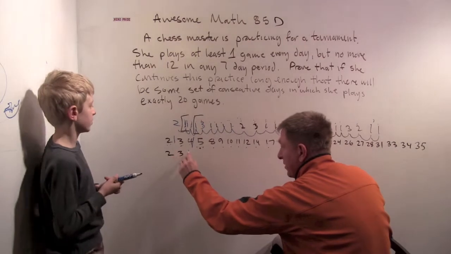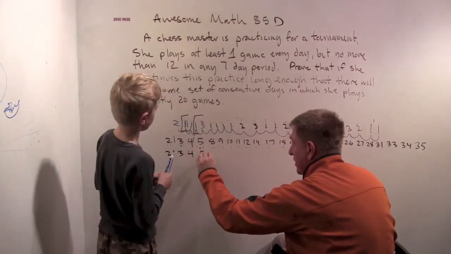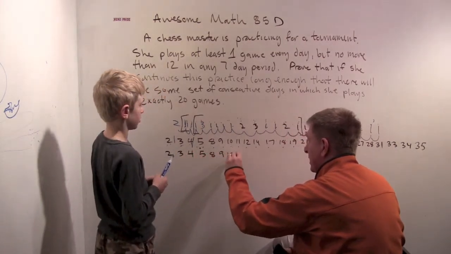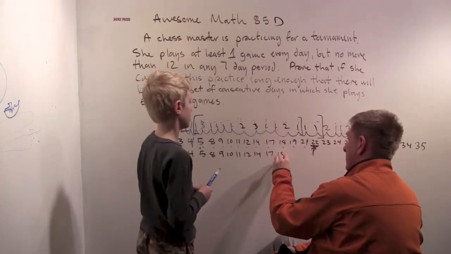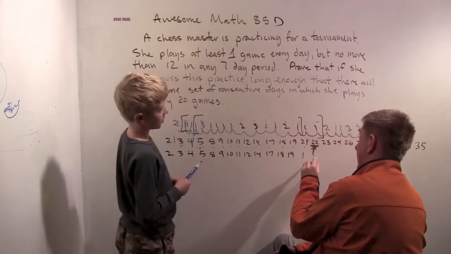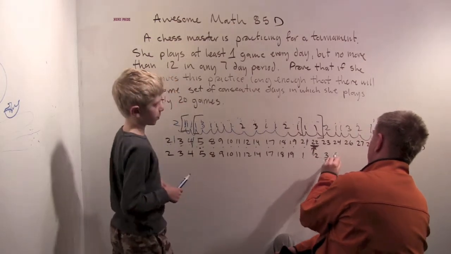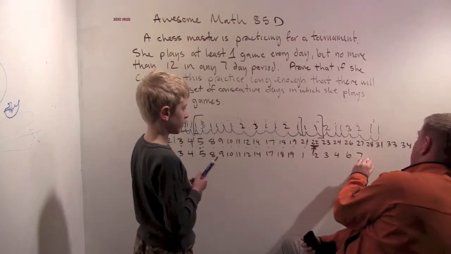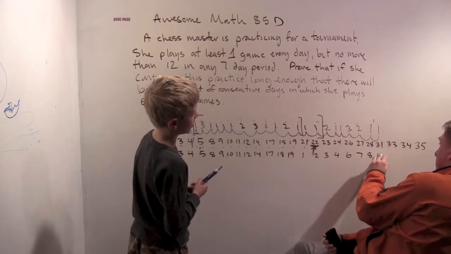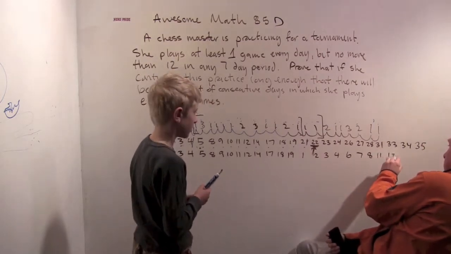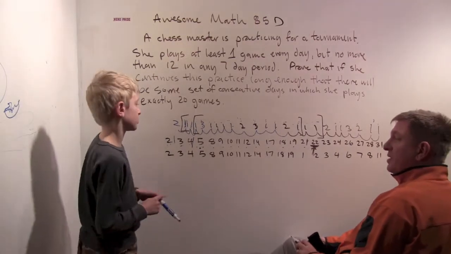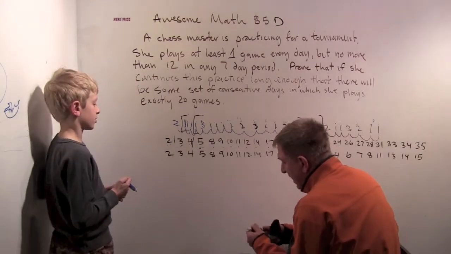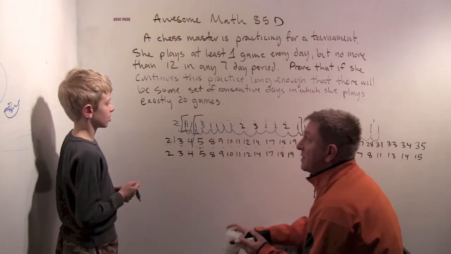2, 3, the same. 4, 5, 8, 9, 10, 11, 12, 14, 17, 18, 19, 1, 2, 3, 4, 6, 7, 8, 11, 13, 14, 15. Okay, and what did we say when two numbers are the same in a given mod? What does that mean?